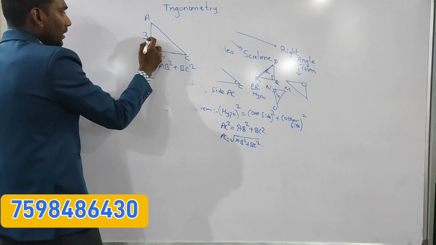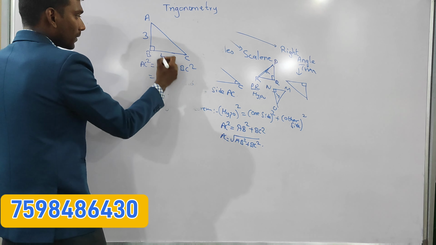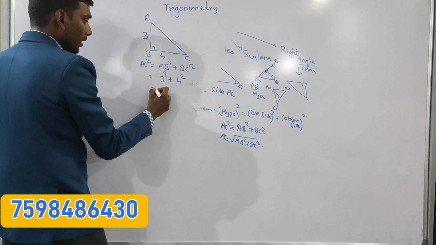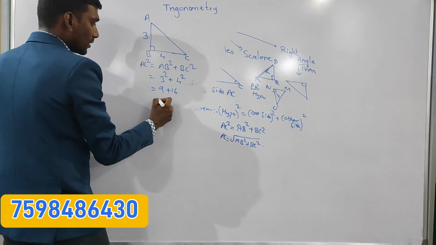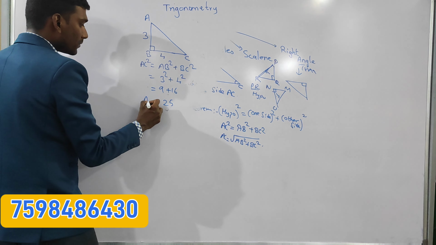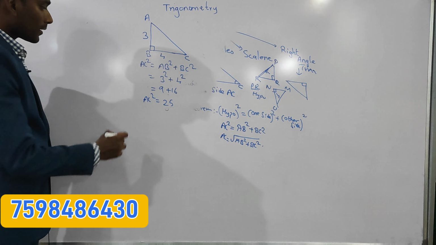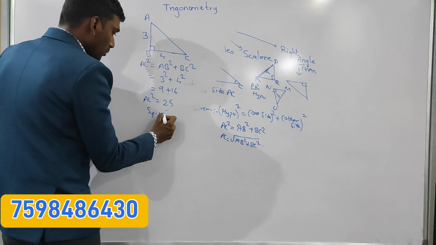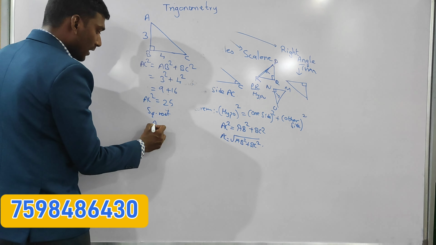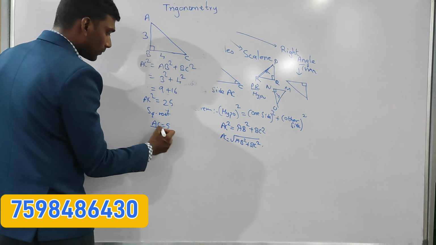So this is 3 square and this is 4 square, that is 9 plus 16, which is equal to 25. This is AC square, it is not AC, it is AC square. Now taking the square root on both sides, you get AC is equal to 5.